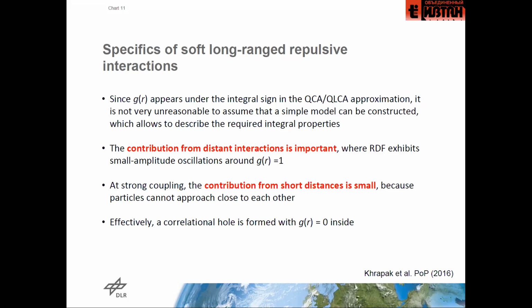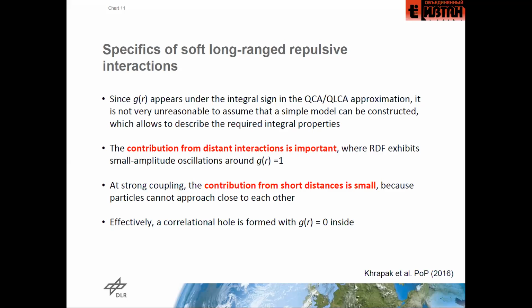For soft and long-range potentials operating in the plasma-related context, the important point is that contributions from distant interactions are important. In this range of distances, the radial distribution function exhibits small amplitude oscillations around unity.